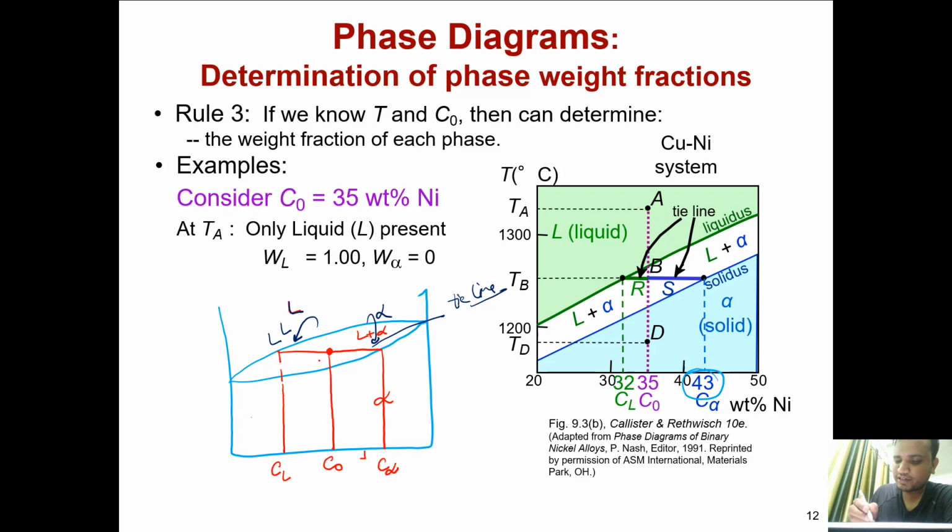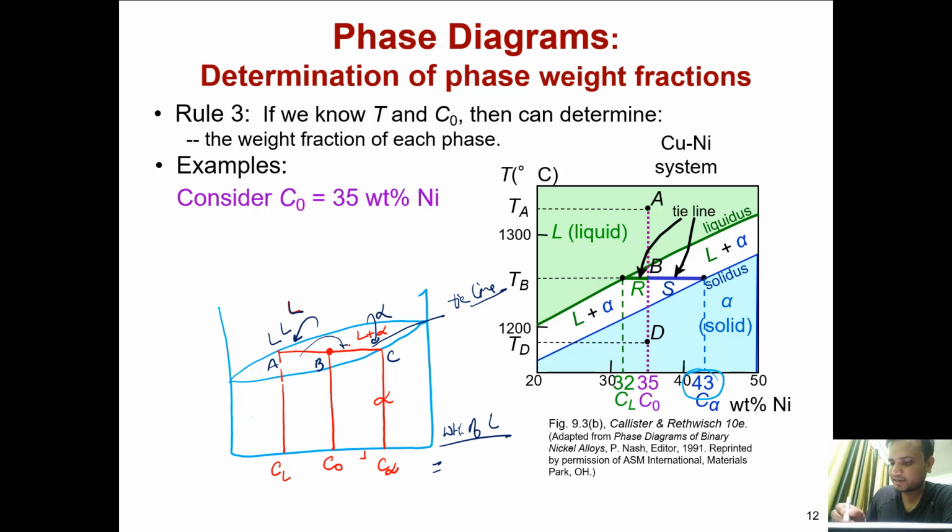To calculate the weight percentage of liquid, since liquid is on the left side, we take the values like this, A, B, C. We calculate for the left hand side, which means we take the right hand side length, that is BC divided by AC into 100. Suppose I need the weight percent of alpha.